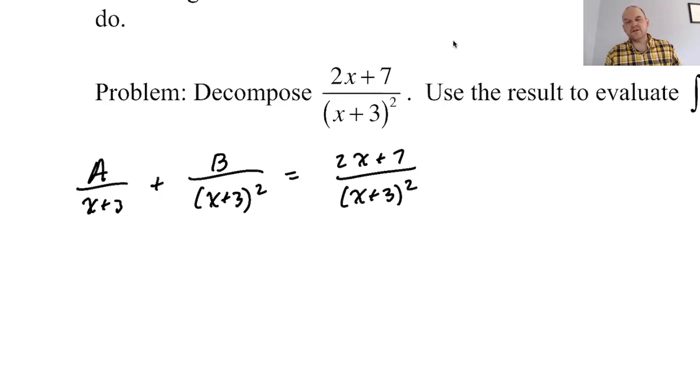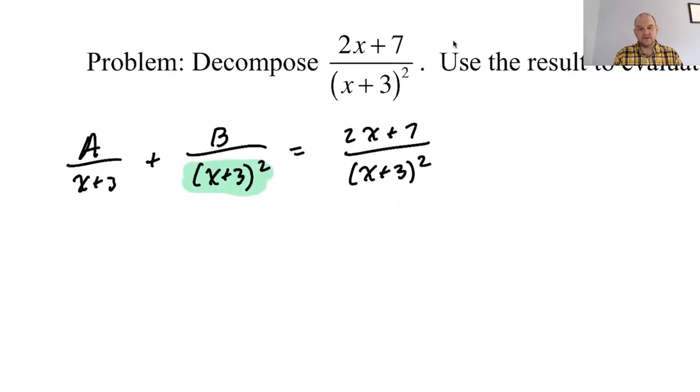All right, so the question becomes, can we use the cover-up method on this? You can use the cover-up method, but it will only find the highest power thing. So b is above the highest power thing, so we can use the cover-up method to find b in this case. I look at this and say, what makes that equal 0?